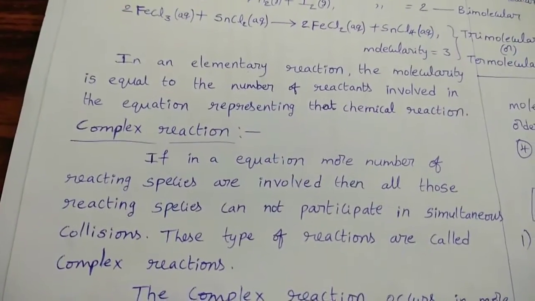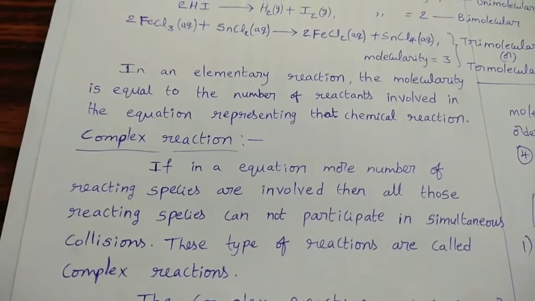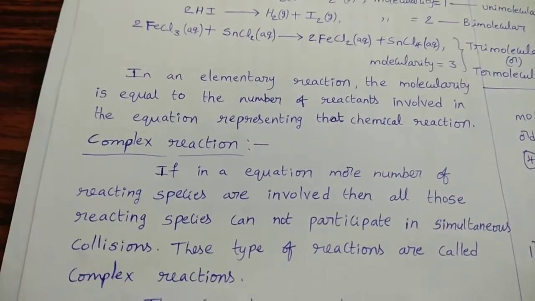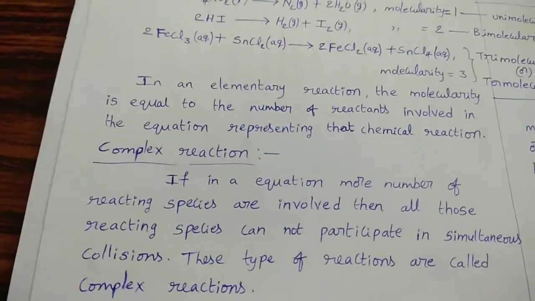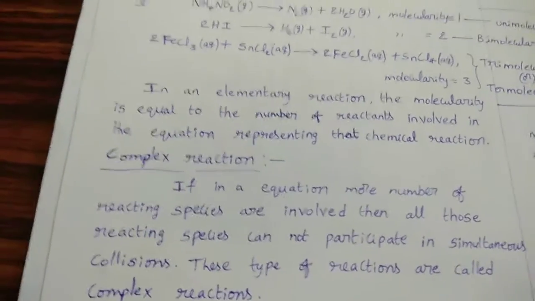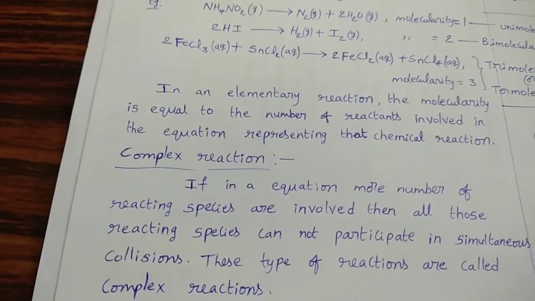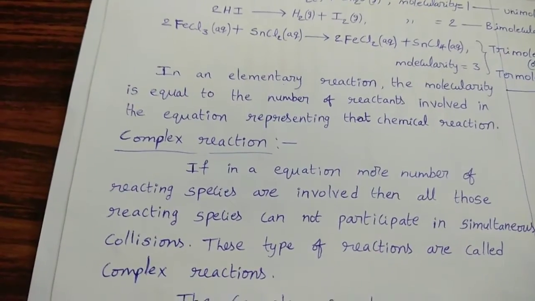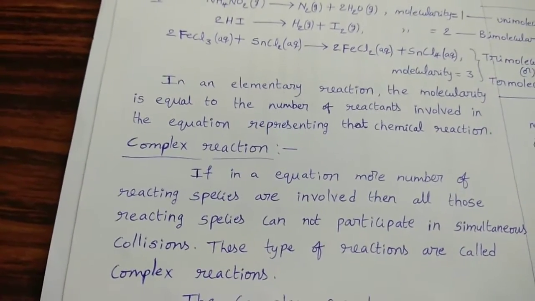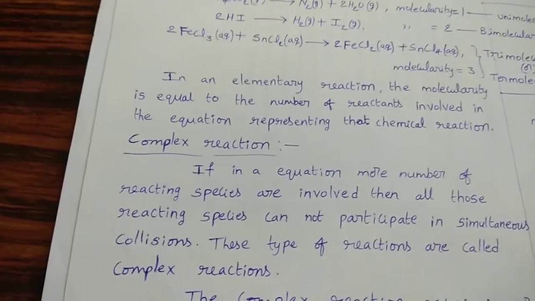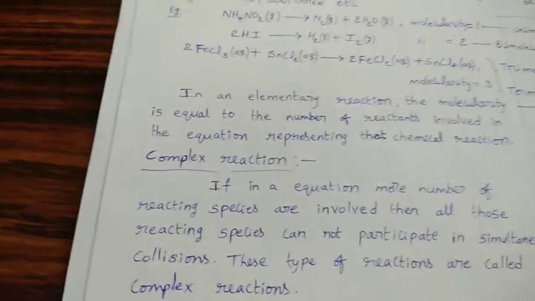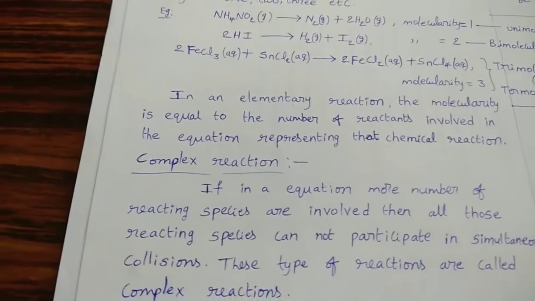These types of reactions are called complex reactions. That means for some chemical reactions, if we see the chemical equation, a large number of molecules are present, but simultaneous collision does not occur among all these reacting species at the same time.